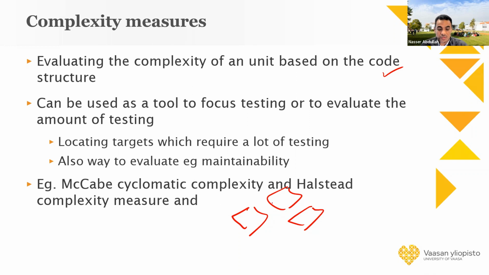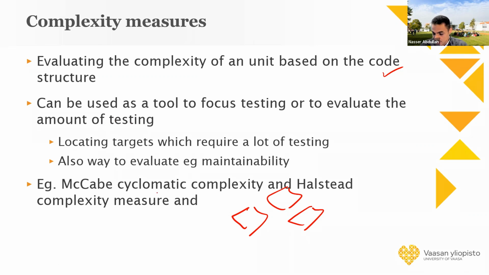So now you can see which part of your software needs more testing. Then you will allocate your effort where you need more testing. So we use it as a tool to focus the testing, and also to evaluate the amount of testing based on the complexity.